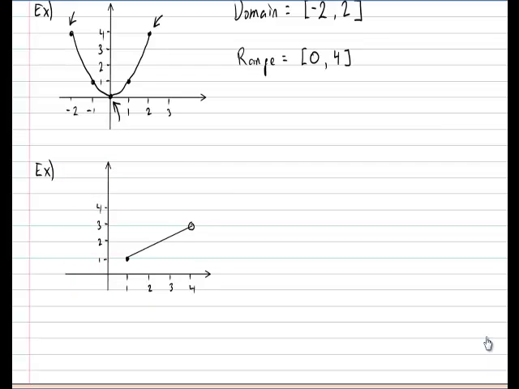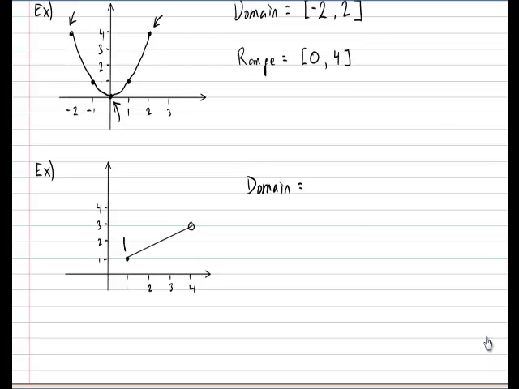Alright, let's take a look at the domain and range of the graph I just gave you. So, the domain, I remind you again, the domain refers to the source set, which refers to the independent variable, so we are looking at the x-axis. Ask yourself, how far left does the graph start to how far to the right does it go to? Well, take a look.